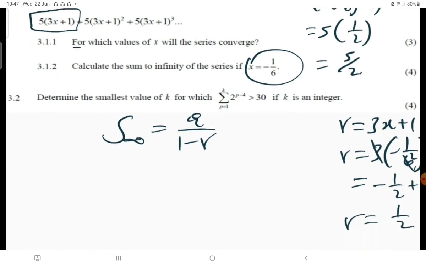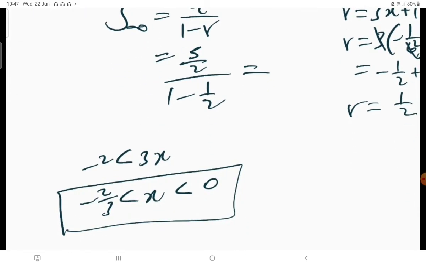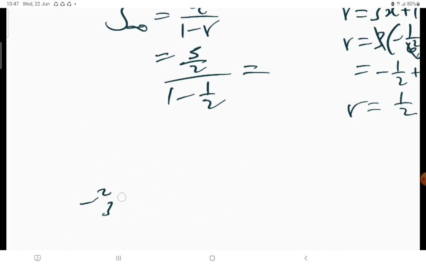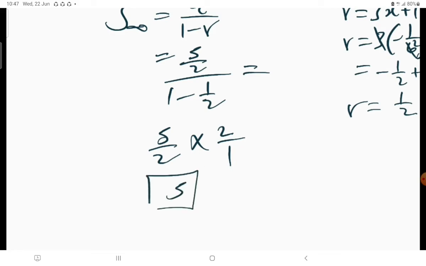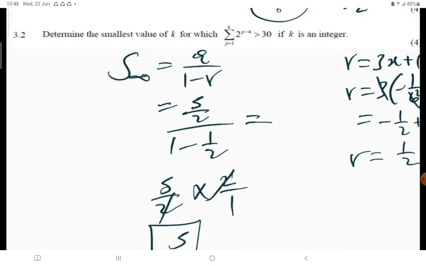Our a is 5 over 2, divided by 1 minus 1 over 2. Then we have 5 over 2 times 2 over 1, which is just 5. The sum to infinity is 5, because the 2s cancel.